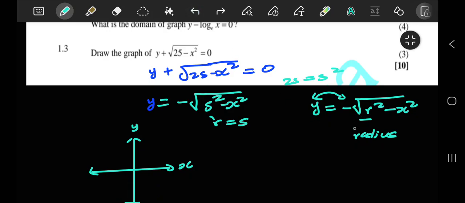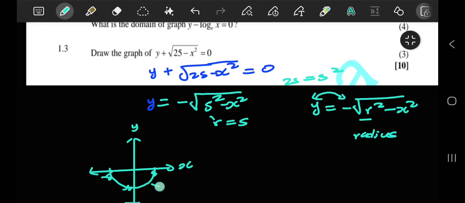But now, since it's negative, we have our 5 there. That means here, our r is 5. Going to this portion here, you'll have minus 5. Going to this portion, you'll have positive 5. Yeah, this is in half. The semicircle goes like this, goes like that.